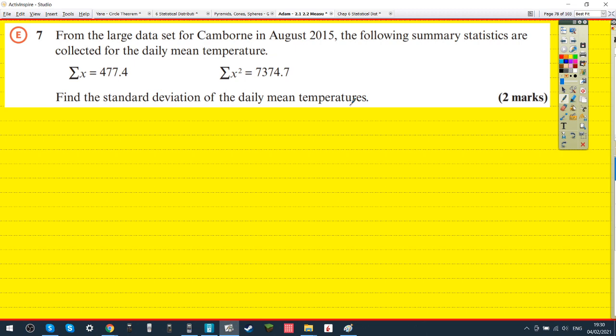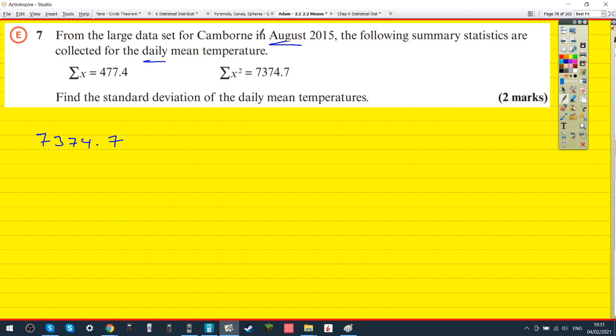We don't know what n is. August. So is that the day of the month? No, like the month number. It is daily. So when you do 7,374.7 divided by n, what would n be?